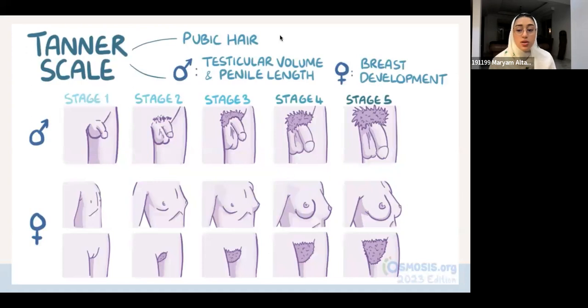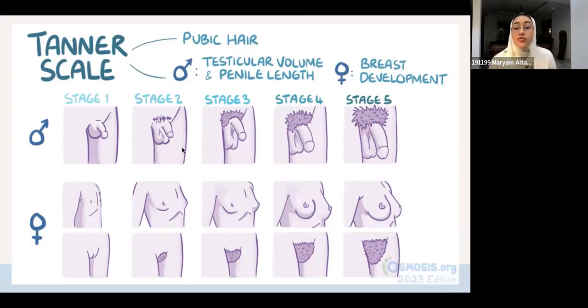And so these two things are quantified by something called the Tanner scale. So the Tanner scale is measured based off of two things, pubic hair in both males and females, and testicular volume and penile length in males and breast development in females. So this is very important because the patients that we talked about previously, for example, with Müllerian agenesis, Turner syndrome, androgen insensitivity, Klinefelter, you'd be able to use this Tanner scale to see where they lie.